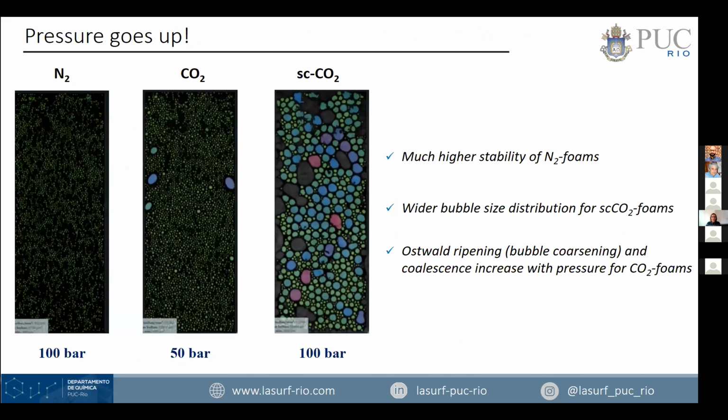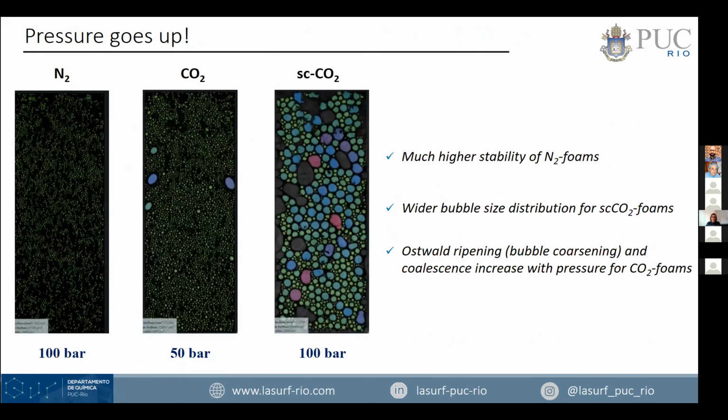Then as pressure goes up, we can also compare, for example, nitrogen foams with CO2 and supercritical CO2. You can see here that the foams formed with nitrogen at 100 bar keep a narrow bubble size distribution, and have much longer stability.